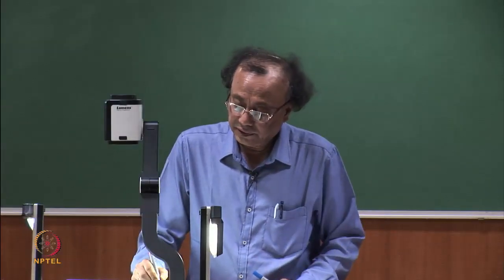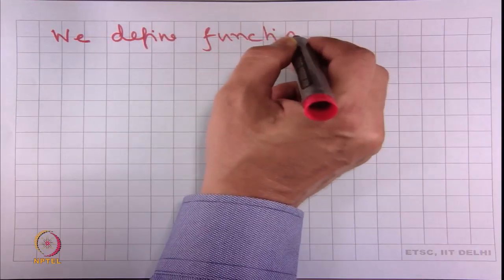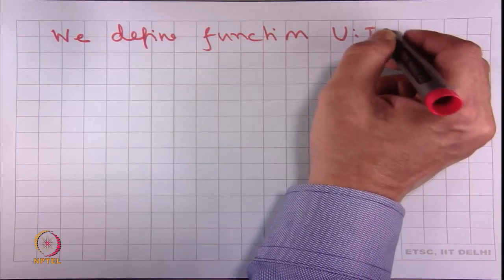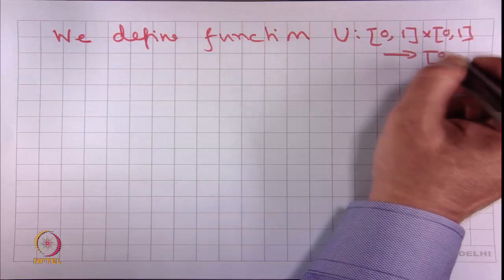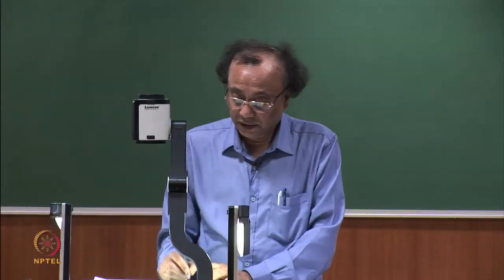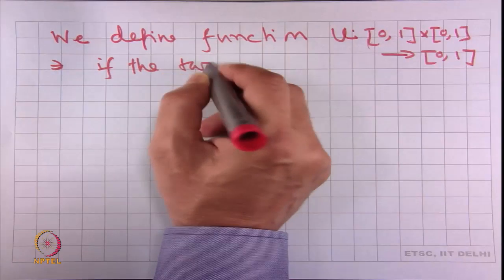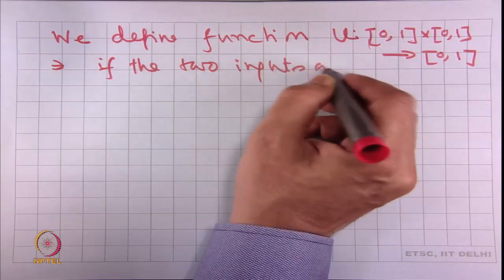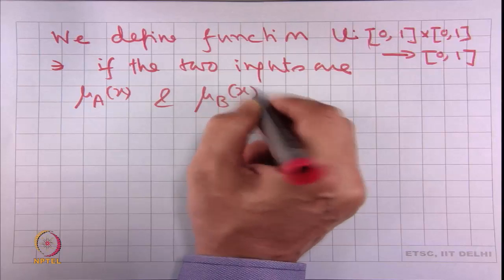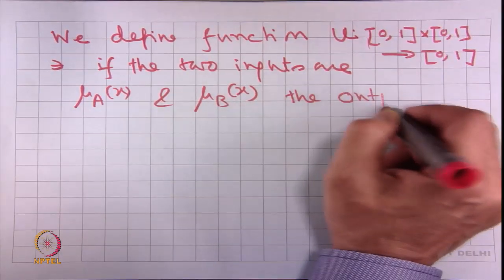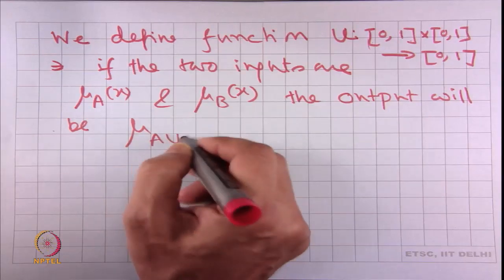We define function U from 0, 1 cross 0, 1 to 0, 1 such that if the inputs are mu A x and mu B x, the output will be mu A union B x.